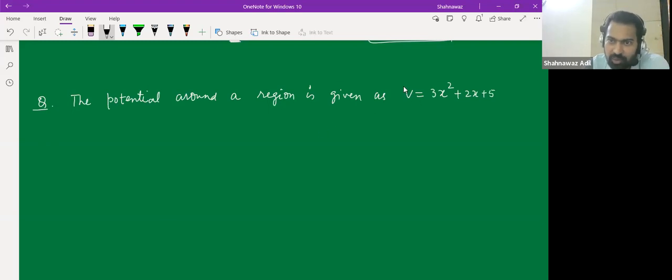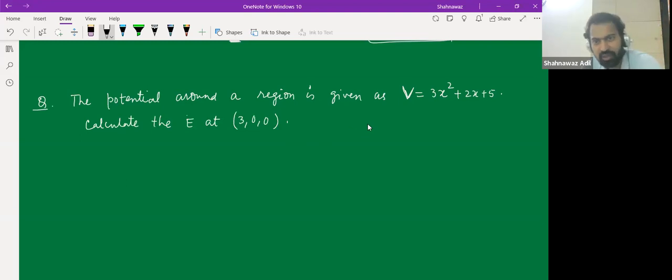This is how potential is given. Calculate the electric field at (3, 0, 0). So this is one kind of question, the simpler one.